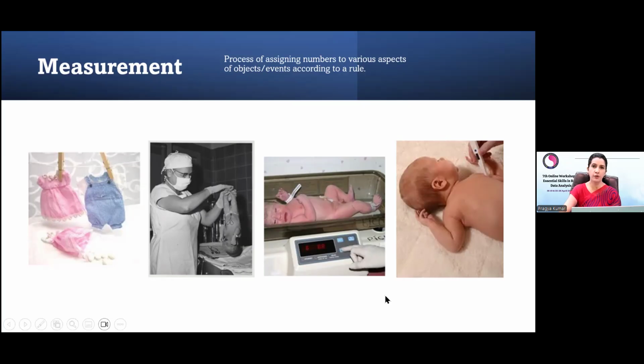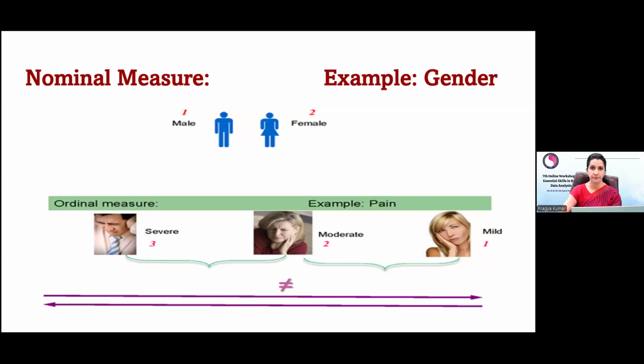In measurement, we give a number to these variables. Now there are various scales of measurement, and this can be remembered with the term NOIR, N-O-I-R, where N stands for nominal, O stands for ordinal, I stands for interval, and R stands for ratio.